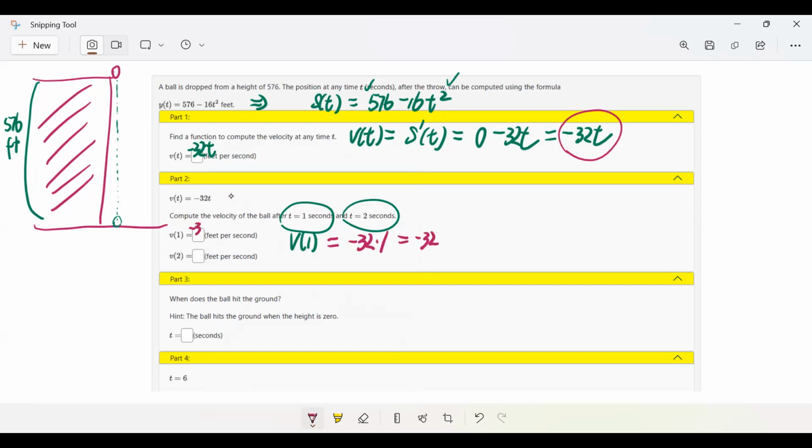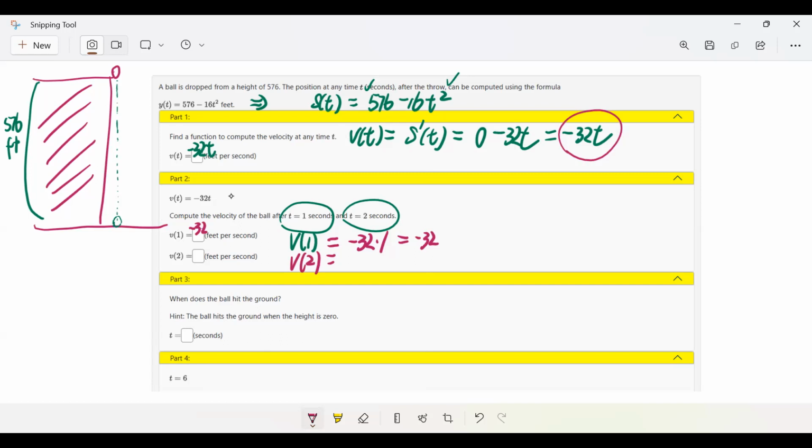That's feet per second. And the v of 2, as you can see, in the process of dropping the ball, the velocity is getting bigger and bigger. Eventually, when the ball reaches the ground, the velocity reaches the peak. That's the highest velocity possible. That's why the impact of the ball on the ground is very fierce, very strong.